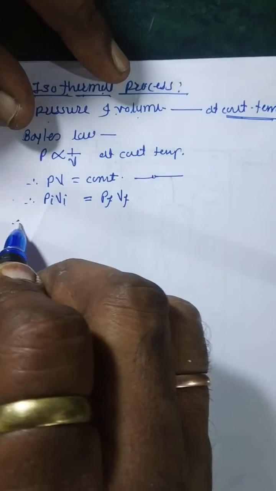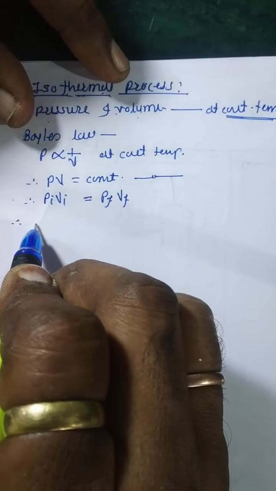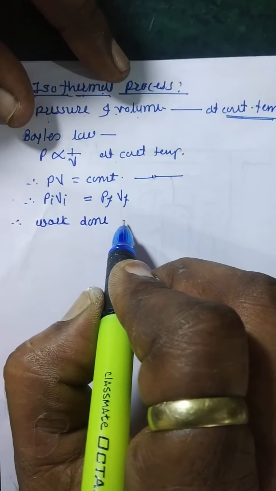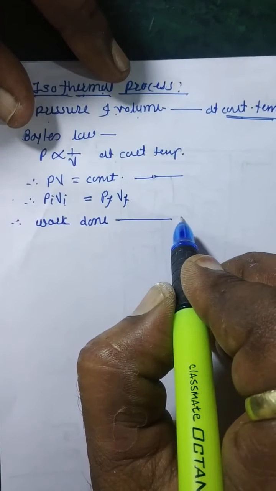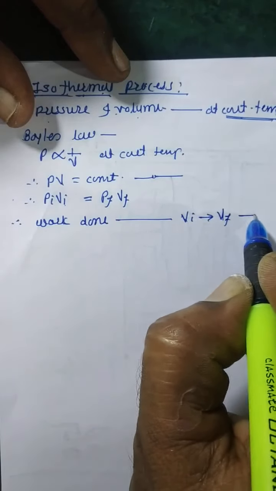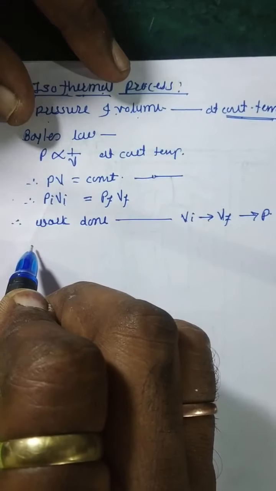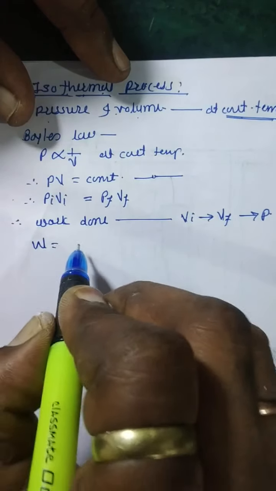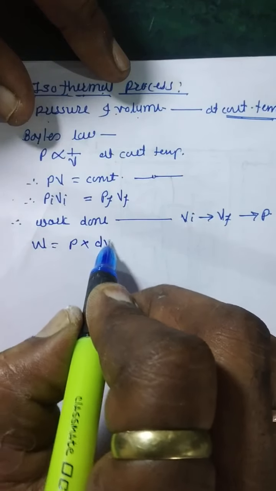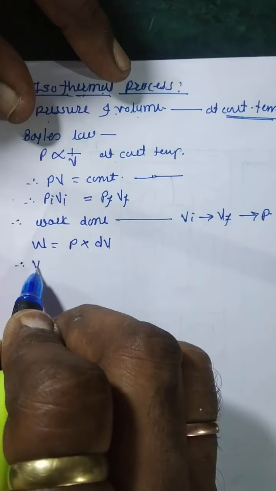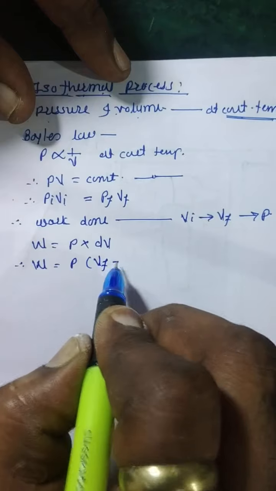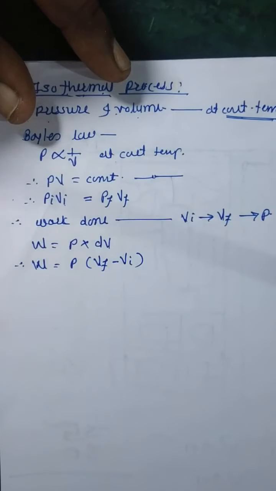Therefore, work done during expansion from Vi to Vf at constant pressure is work equal to P into change in volume dV, and therefore work done is equal to P into final volume minus initial volume.